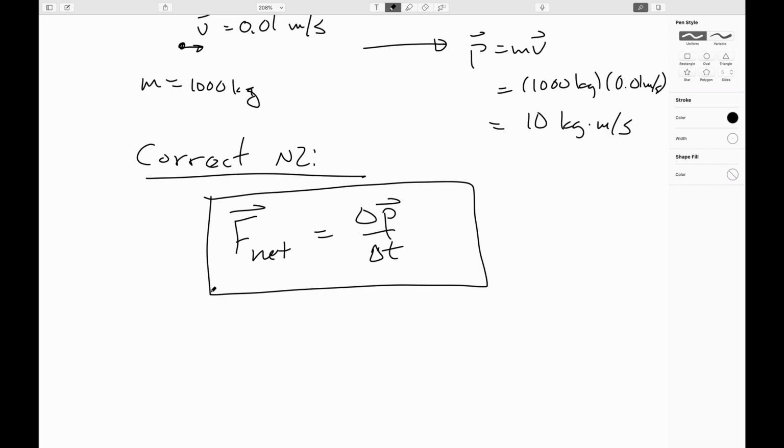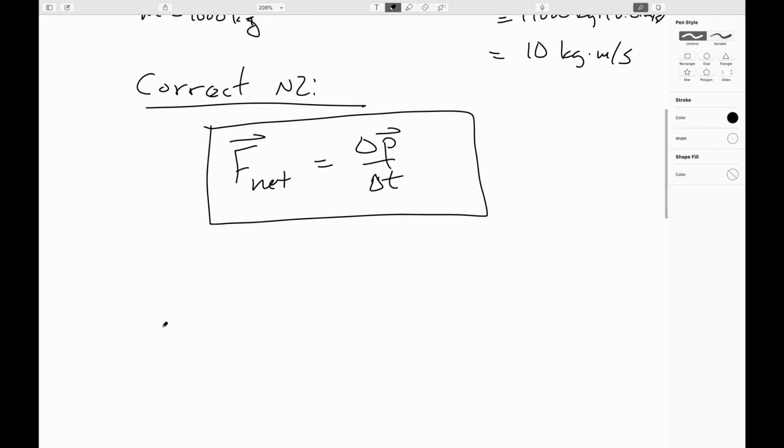So another way to put it is that what a force being applied on an object does is change the object's momentum. Now, why did we go with F equals ma? Well, F equals ma turns out to be correct in a limited case, but this limited case is incredibly broad.